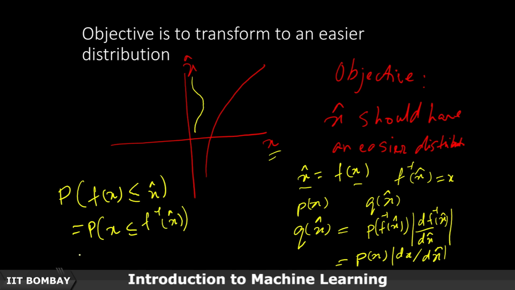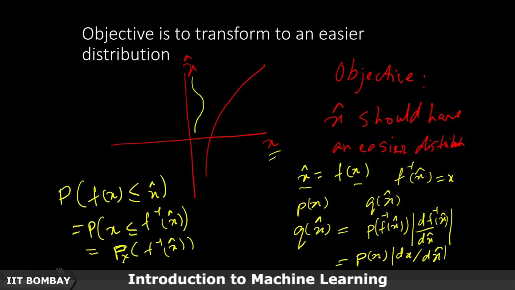So this is equal to the cumulative distribution of f inverse x hat. This cumulative distribution is nothing but the integration of the original distribution function, so I'll just call it capital P of x of f inverse of x hat.